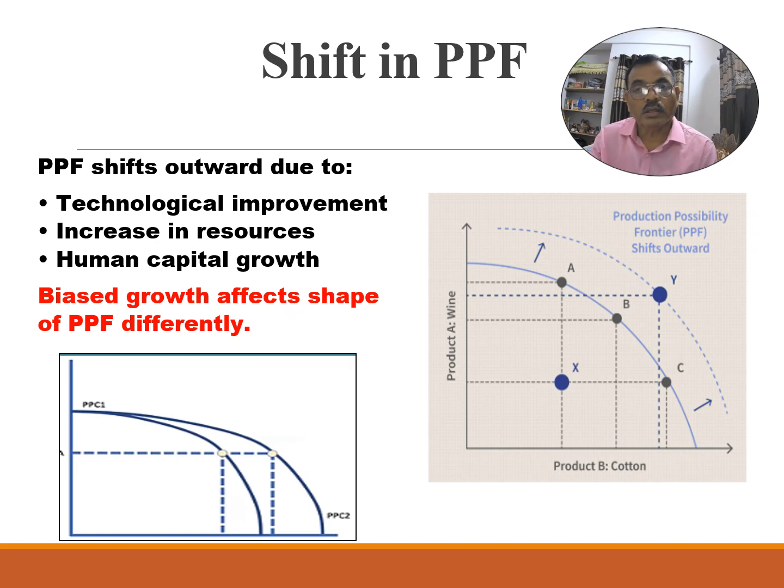Now, it is important to understand that growth may not affect both goods equally. This is very important. That is, biased growth affects the shape of the production possibility frontier differently.